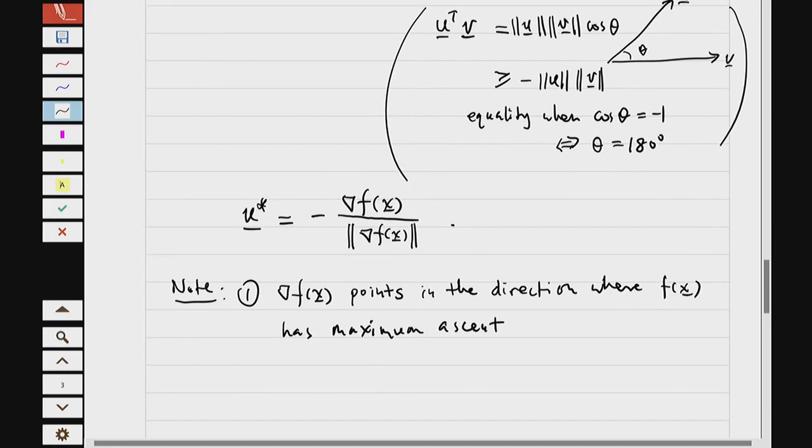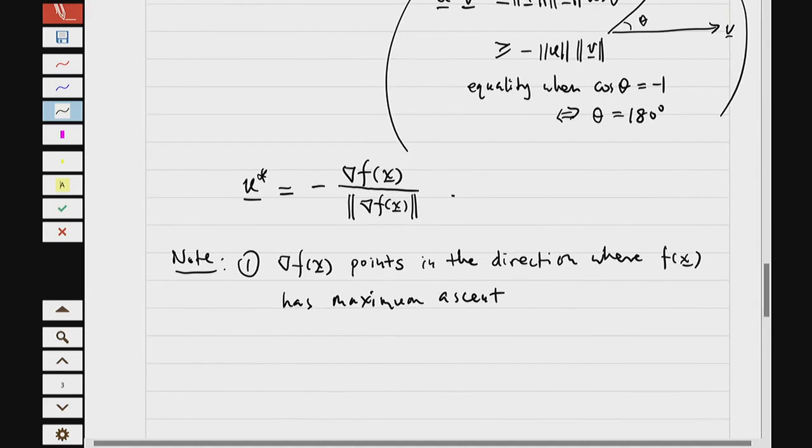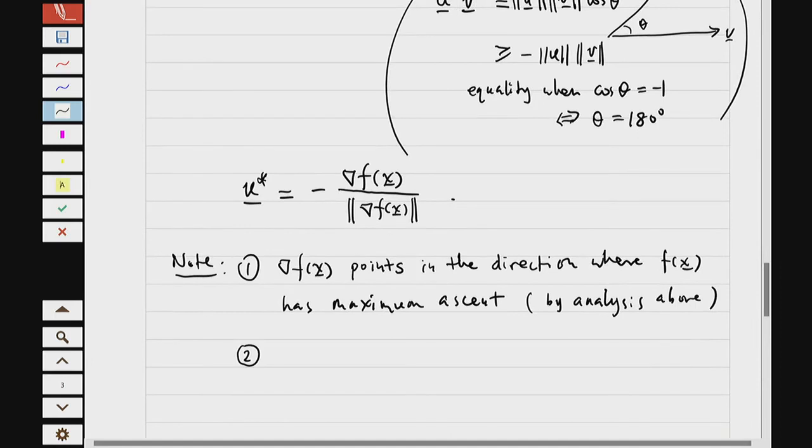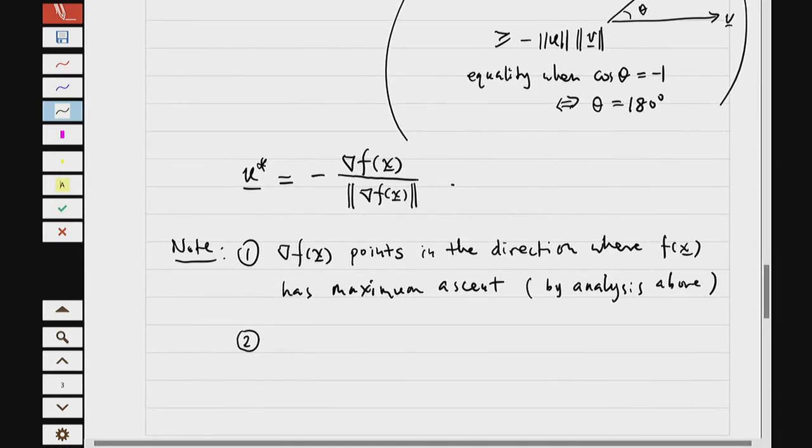Now, you might have seen this already as a conclusion, but what we have done just now is the proof that it is the maximum ascent direction, by the analysis above. And secondly, if you observe what we have, then what we're doing is what?